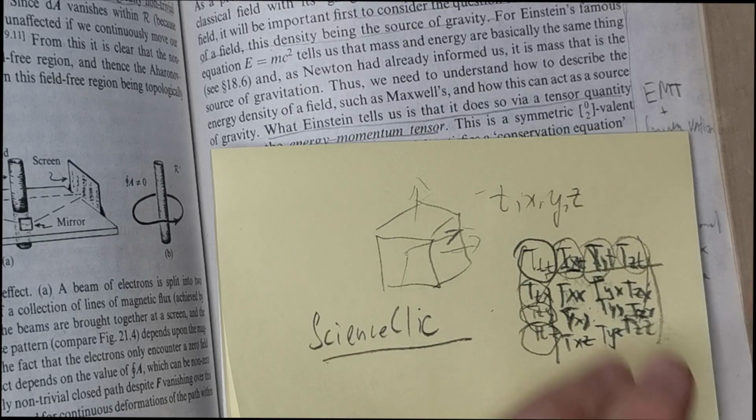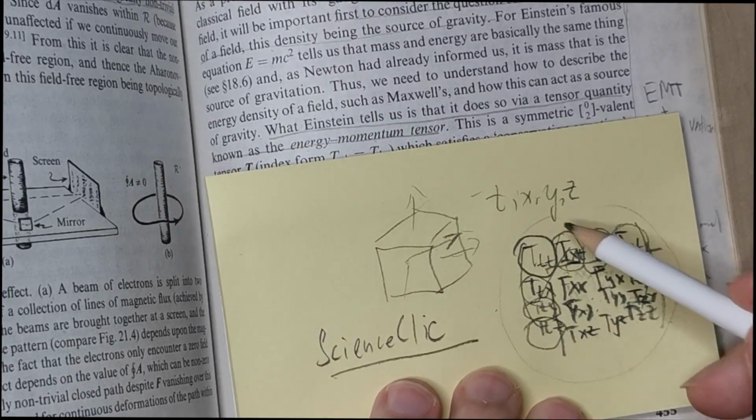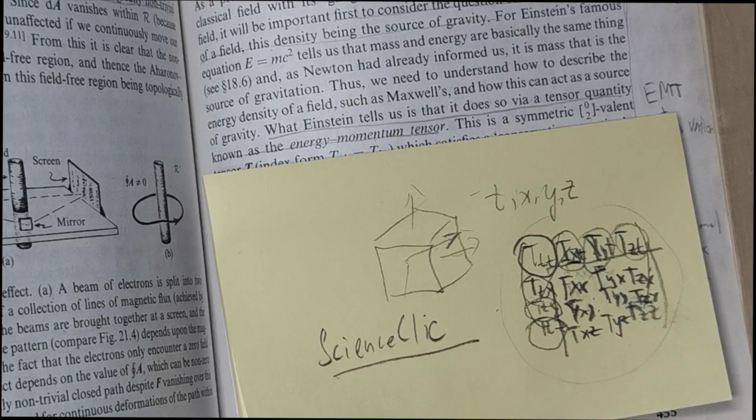So all of those numbers are describing the movement of the flow of energy. You can think about that like a fluid in four-dimensional space-time.